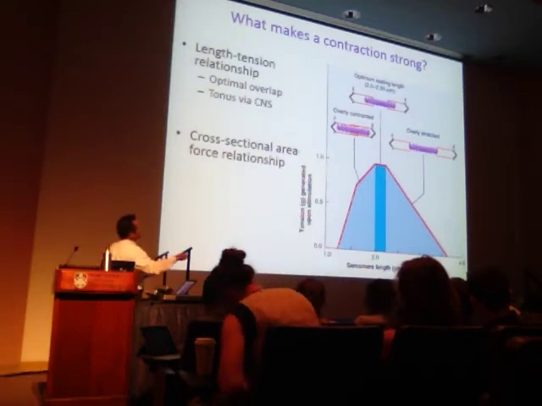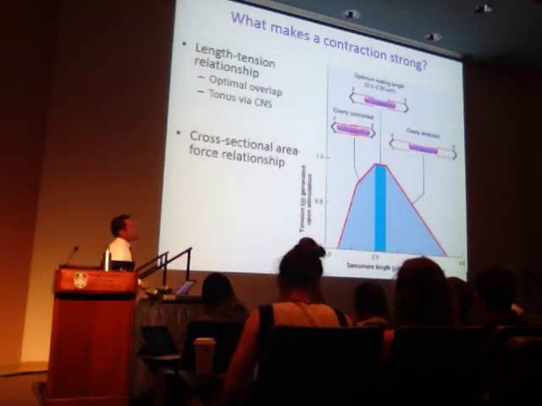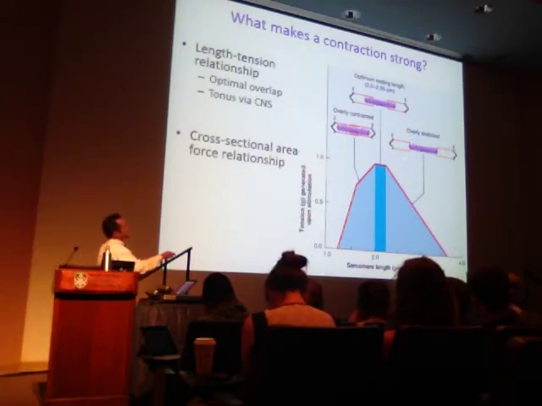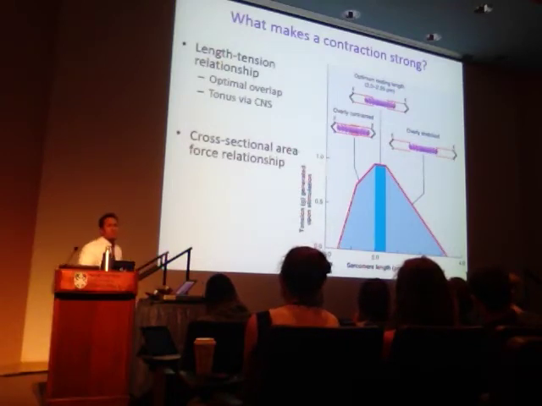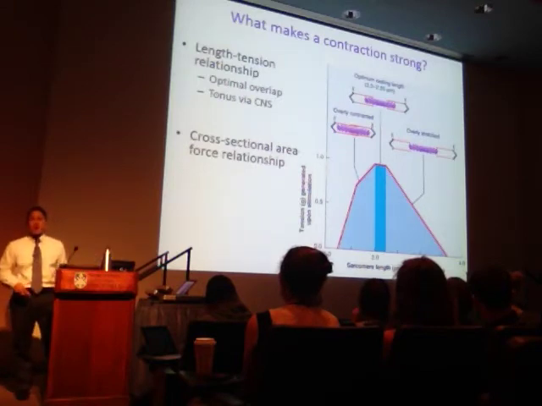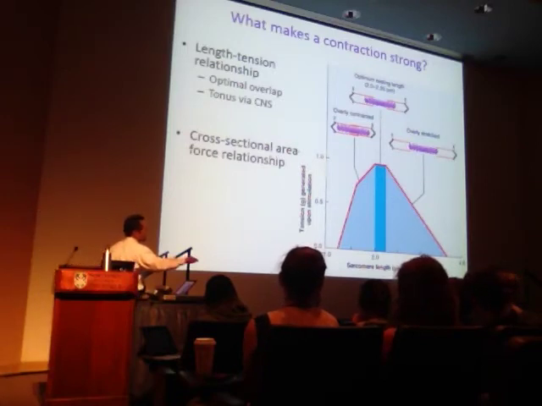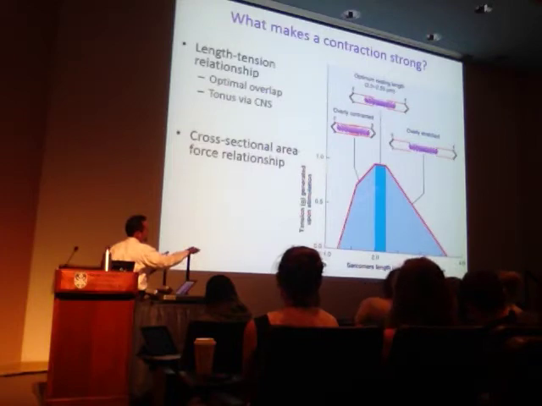If you overly stretch the sarcomere out, then you can see that certain myosin heads don't even have the opportunity to find a binding site. They're too far away. Force goes down, right? Lower force on this side of the curve versus right here, higher force.